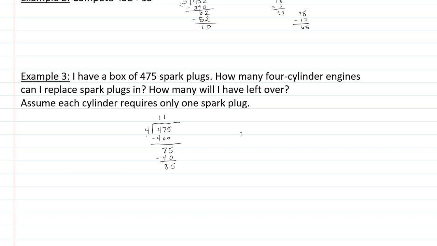How many times does 4 go into 35? Well, 4 times 9 is 36, so it's got to be 8, right? 4 times 8 is 32. And we're left with 3. So we have a remainder of 3. That means we could service potentially 118 engines, but we would have 3 spark plugs left over. So you'd probably have to make another order at that point.